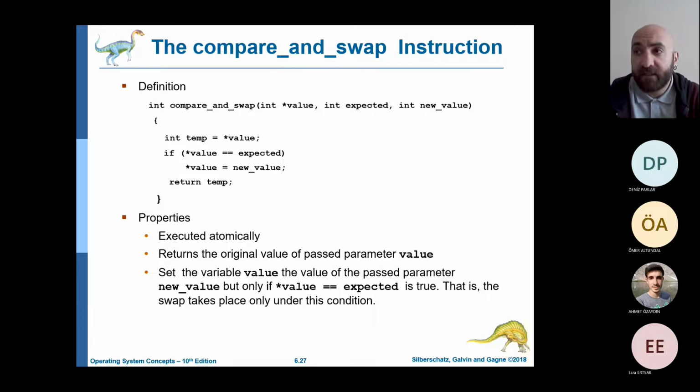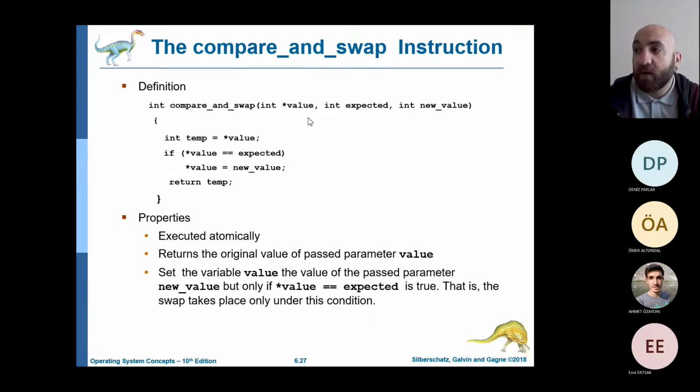The second one is compare and swap. The compare and swap instruction, just like the test and set instruction, operates on two words atomically, but uses a different mechanism that is based on swapping the content of two words. The compare and swap instruction operates on three operands as shown in this figure.